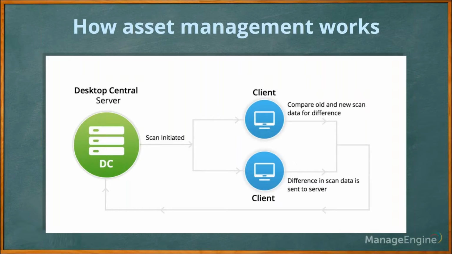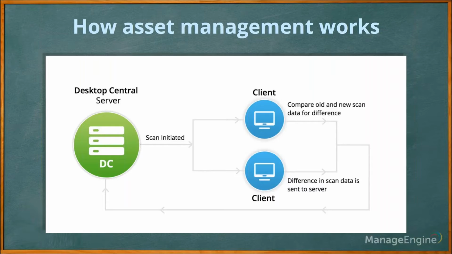So how exactly does this asset management work? As you all know, there is the Desktop Central server and the agent concept. For the very first time when you install an agent on a client machine, irrespective of LAN, WAN, or roaming user profile, the agent by default runs two basic scans: one is the patch scan and the other is the inventory scan.